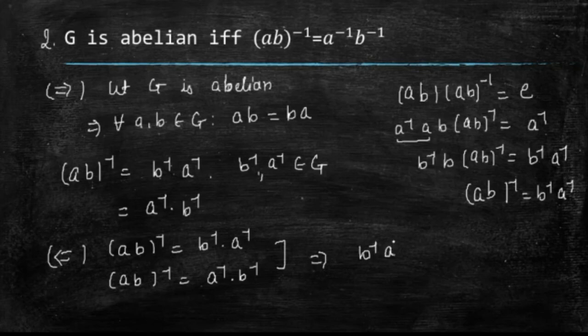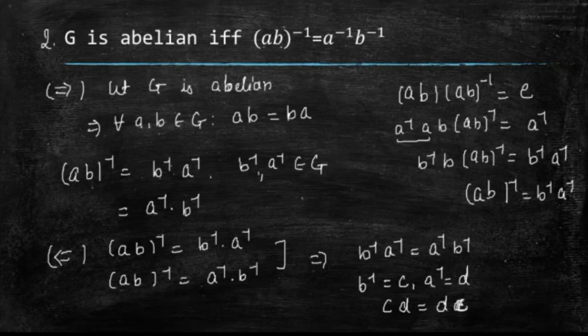So b inverse a inverse is equal to a inverse b inverse. You just call b inverse as c and a inverse as d. You get that c into d is equal to d into c, right? Since these elements are arbitrary from the group, I can say that for all a, b belonging to G, I have ab equal to ba, and hence G is abelian.